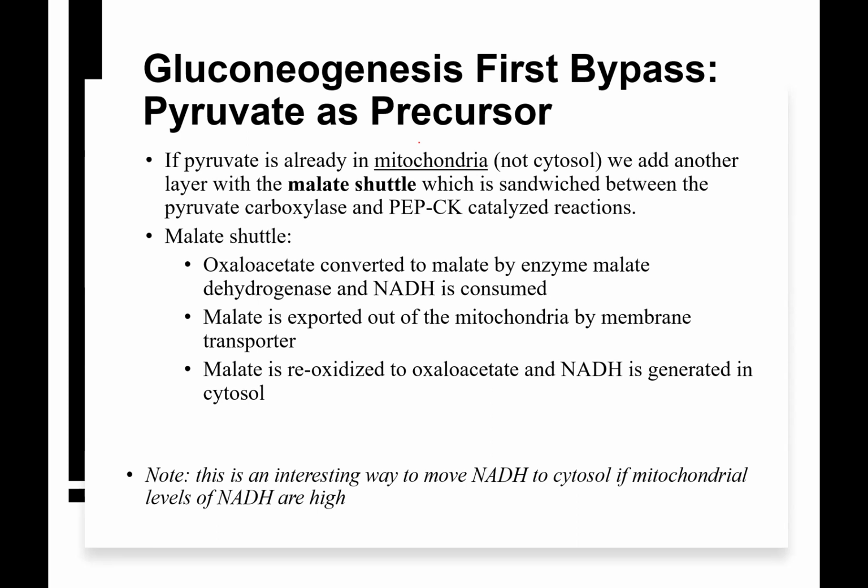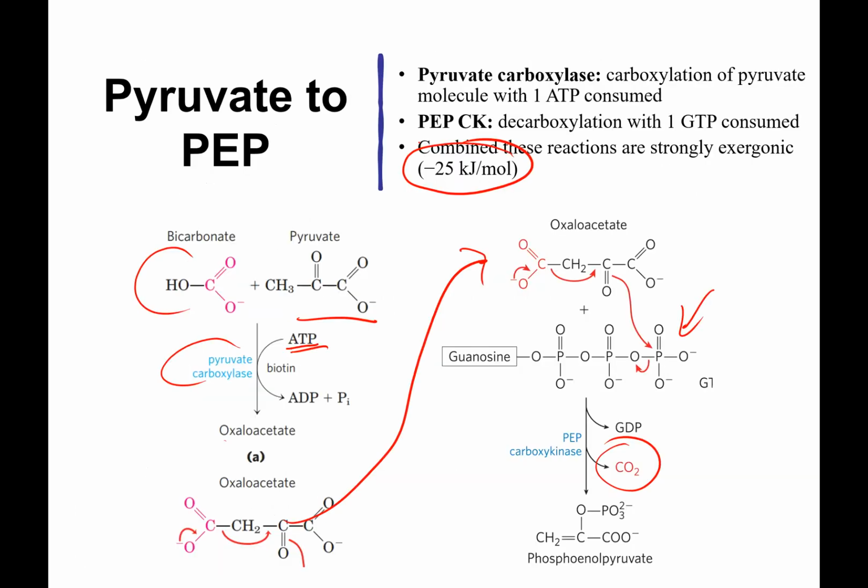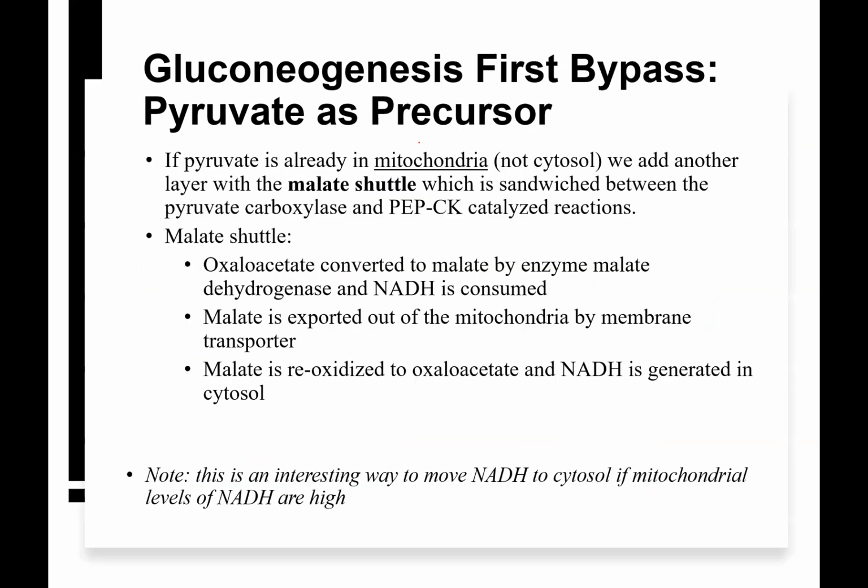Okay, now there are two possibilities. This reaction will happen as written with the two enzymes. It can potentially happen, it can all go down in the cytosol. So I'm going to zoom ahead for a moment.